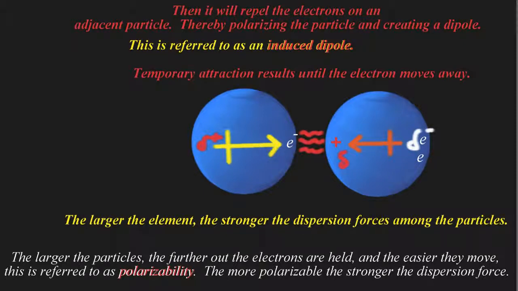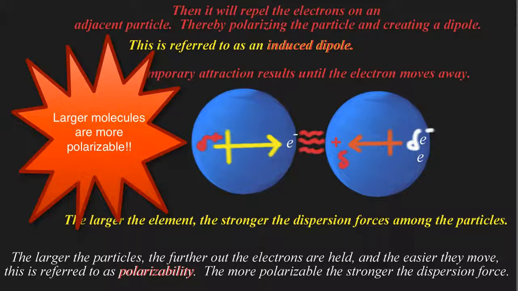So the final thing we should discuss when discussing London dispersion forces is the term called polarizability. This refers to the fact that the movement of electrons is much easier in a larger particle than it is in a smaller particle. If you think of a smaller particle like fluorine, the electrons are tightly bound and therefore don't move as much.